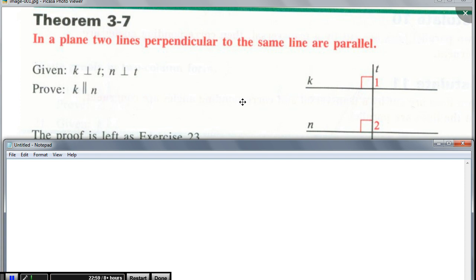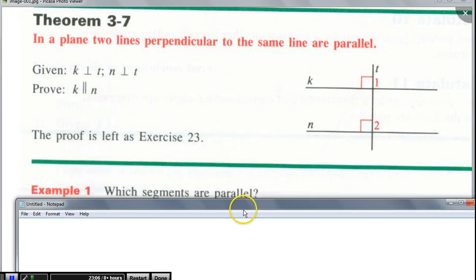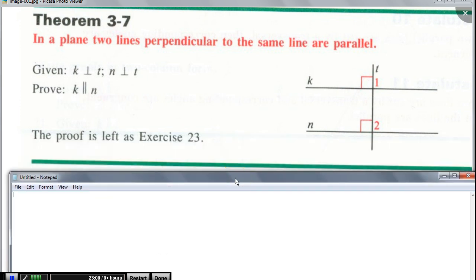We just talked about the proof there. We even told you what each step is. What was our first step? Given. What was our second step? Measure of angle 1 is 90, measure of angle 2 is 90. What's our third step?